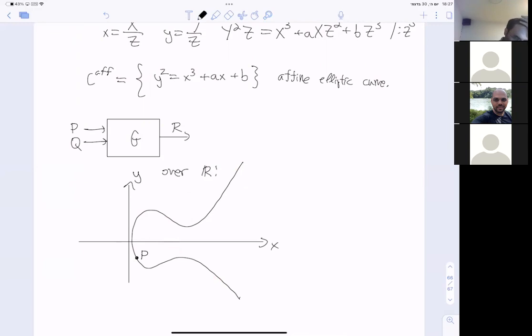And we take another point, for example here, Q. Now we take the line that goes through both; there's only one such line.